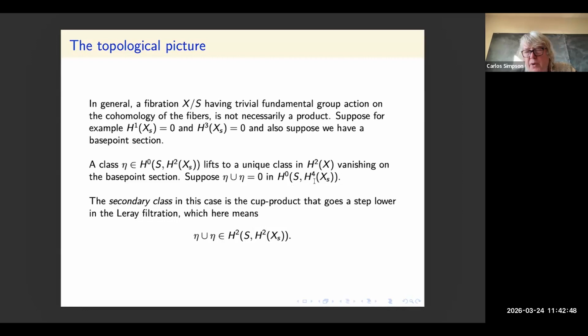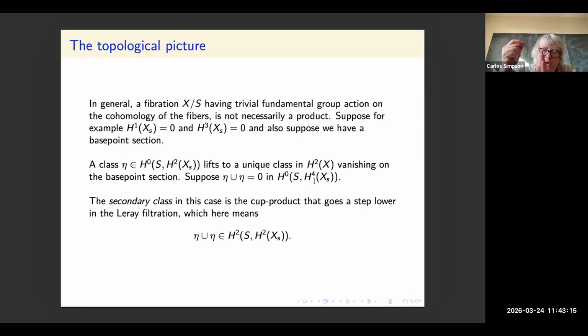Basically what's going on here is that in the Leray spectral sequence, remember that it converges to the cohomology, but that means there's a filtration on the cohomology, and the abutment of the spectral sequence is the associated graded of the filtration. So the fact that we know a cup product vanishing in the abutment of the Leray spectral sequence doesn't mean that the cup product actually vanishes in the total space.